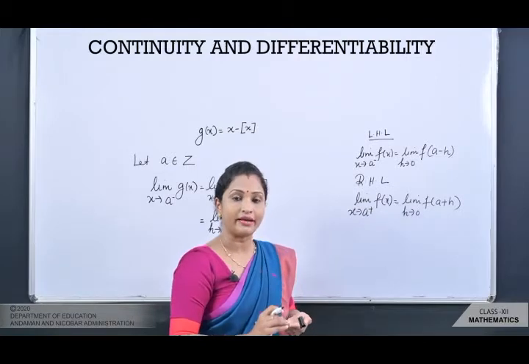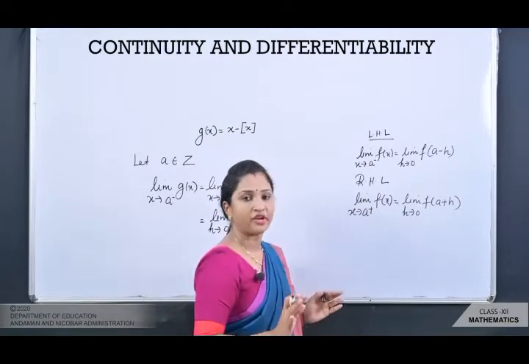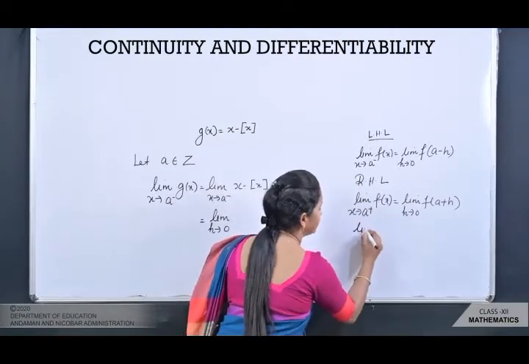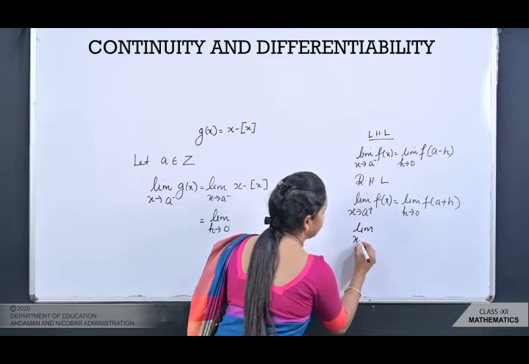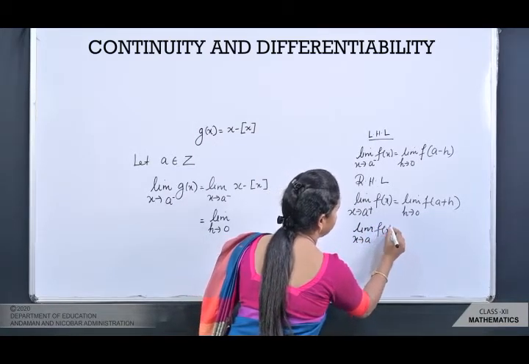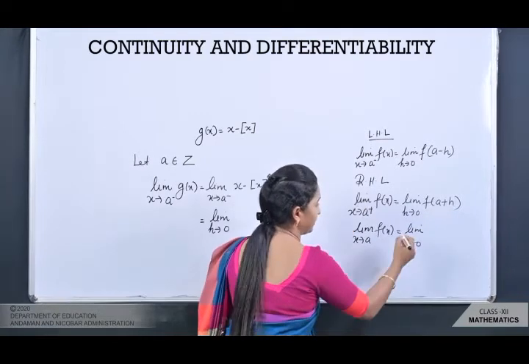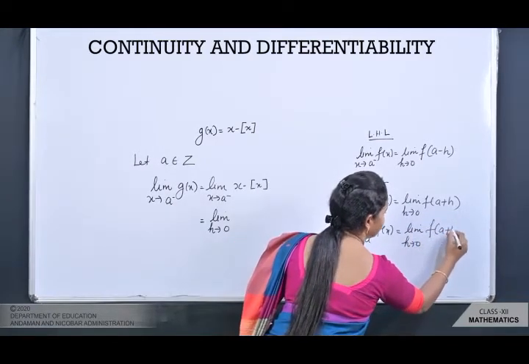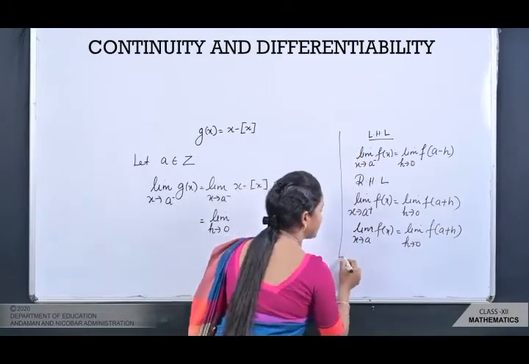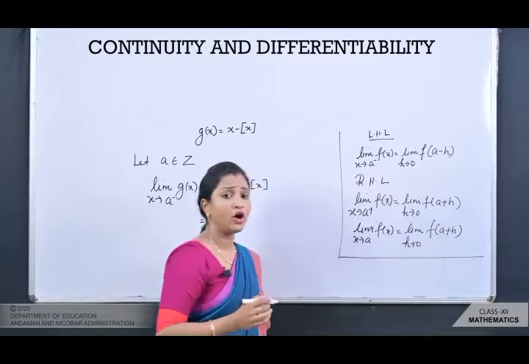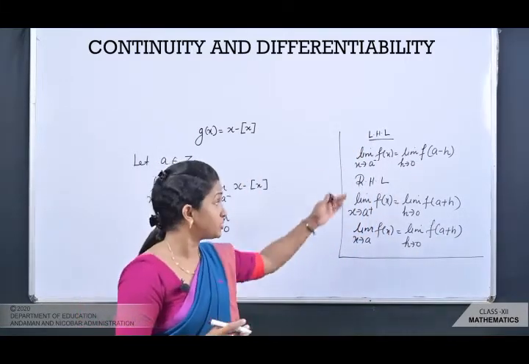Suppose you don't want to write left hand and right hand, and you have to just find the limit as x tends to a of f of x. Then if you want to convert this function in terms of h, it will be f of a plus h. So these three things you have to remember, because in many questions you are going to use this method.